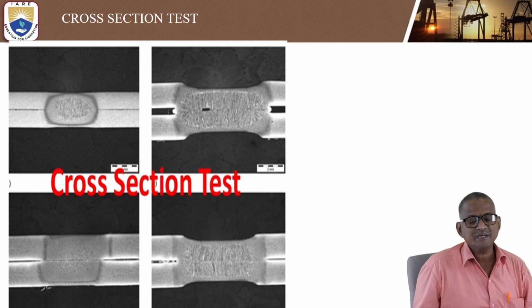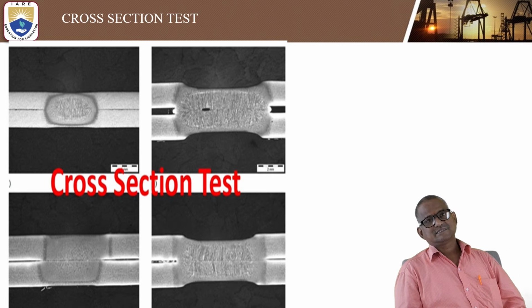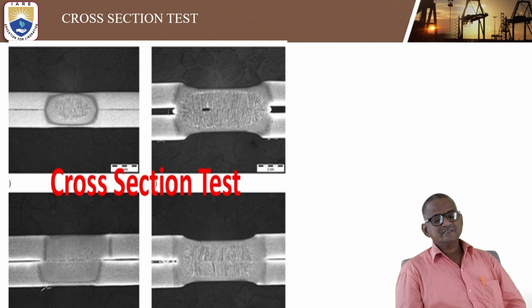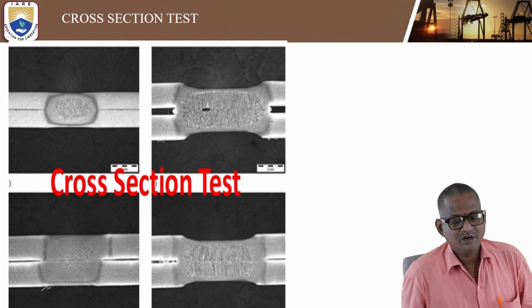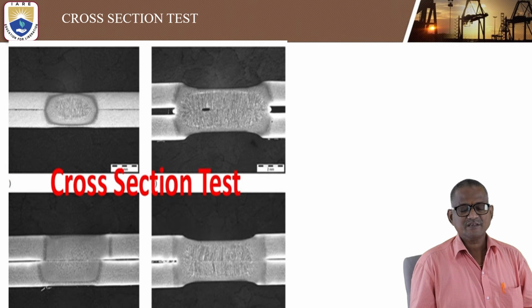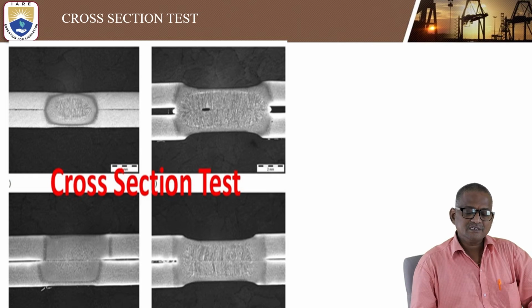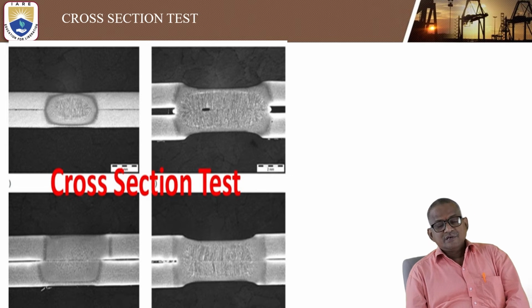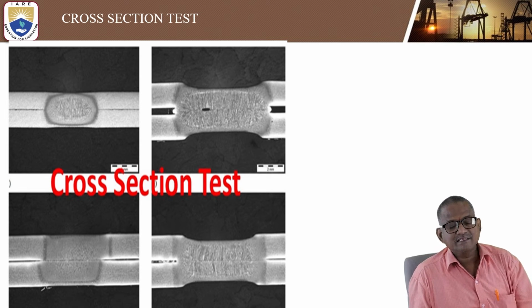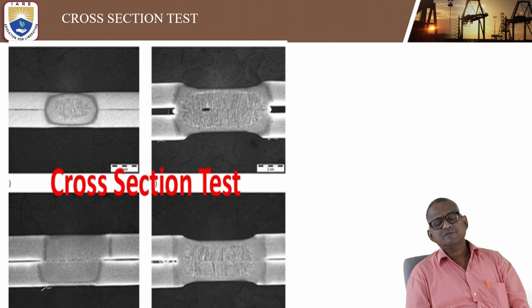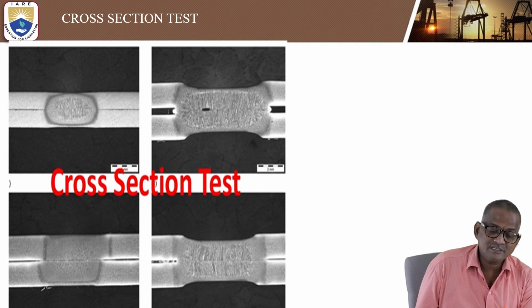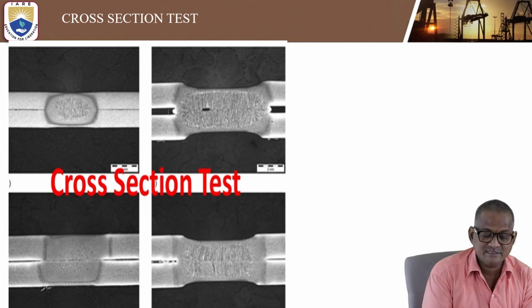So what is meant by a cross section test? Look at this, it is also a specimen showing how the cross section test is done in the welding process. Okay, the diagram is somewhat black and white, so that you can see the inside.